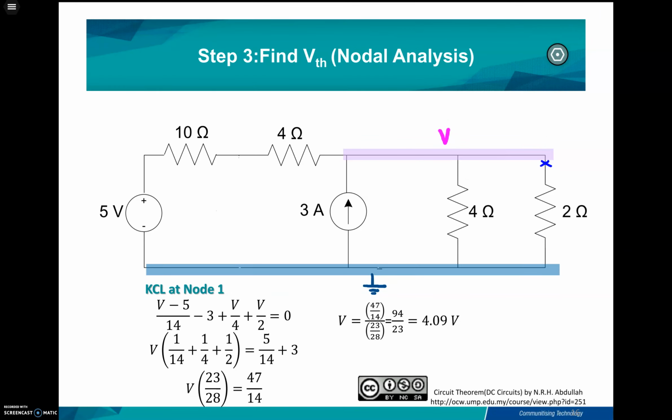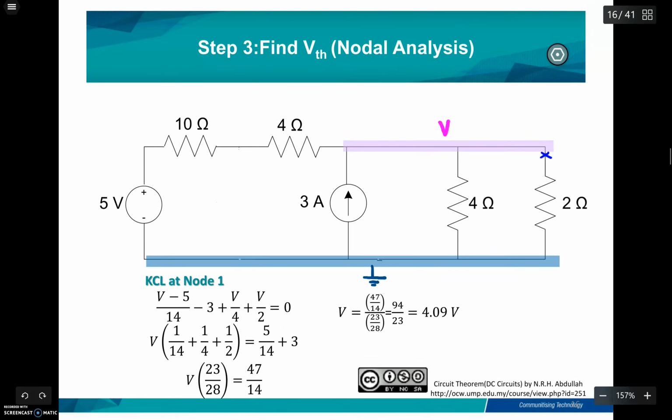Now let's do the KCL at node 1. For the first branch, you need to find the summation of current for each branch. The total resistance of this branch is 14 ohm, so it means V minus 5 volt over 14.